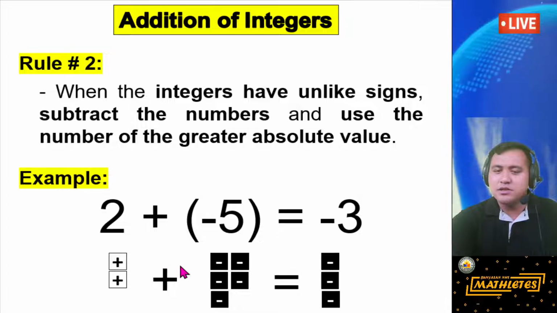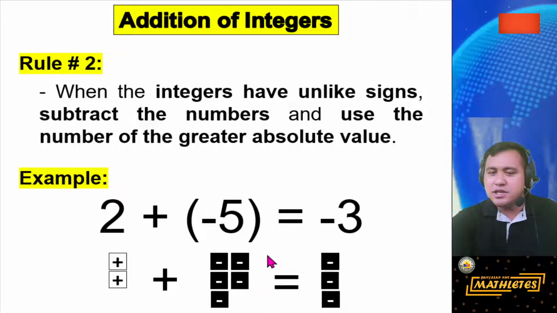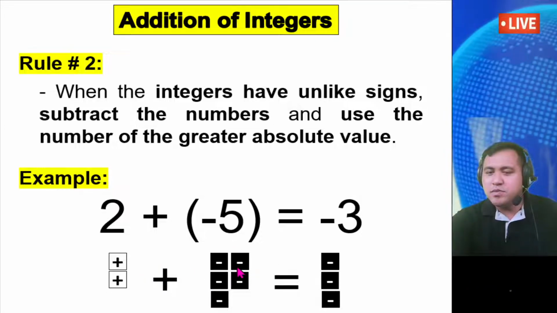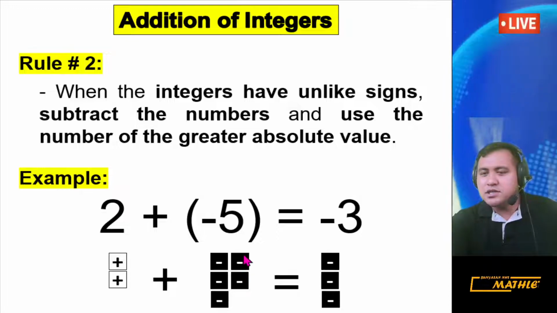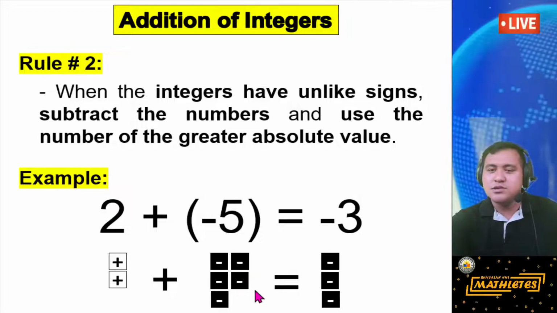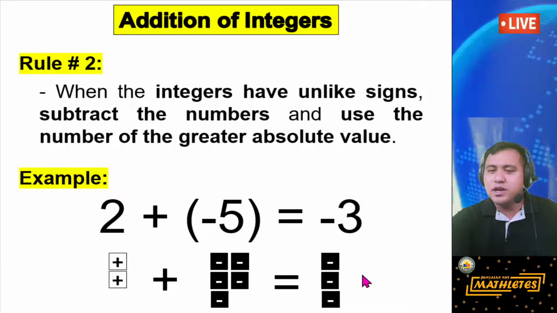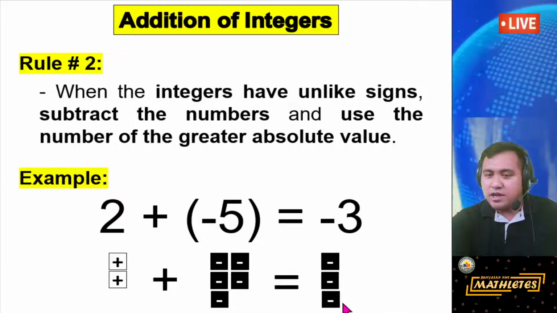So gipares nato si positive tiles ngadto kang negative tiles, pairing sila. So ang mabilin nga walay pares is 3 ka negative tiles. So the answer is 3 ka negative tiles. So in number, that is negative 3. Okay.